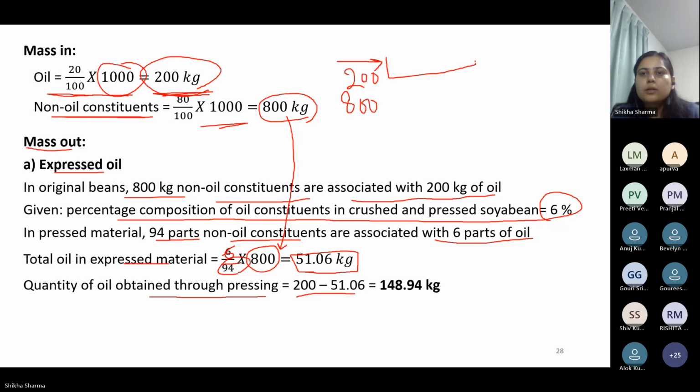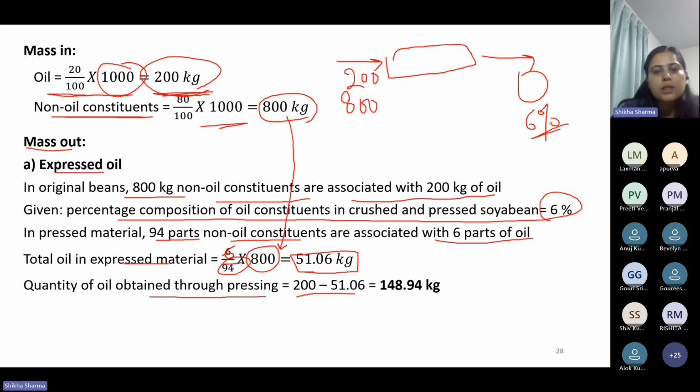After the mechanical pressing, we get a meal which has 6% oil. We calculated its amount as 6 over 94, where 94 is the non-oil part, into 800, because 800 is the non-oil part.